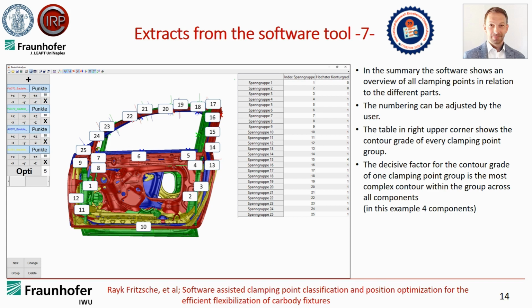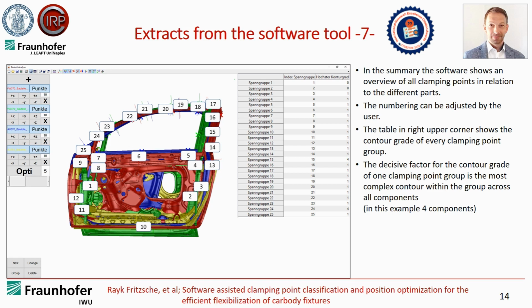In the table we can see that clamping points 1 and 2 have a contour grade 0. This is because 1 and 2 are not really clamping points; they are positioning holes, so these 2 areas don't have a contour grade. And you can see that nearly all clamping groups have a contour grade 1.